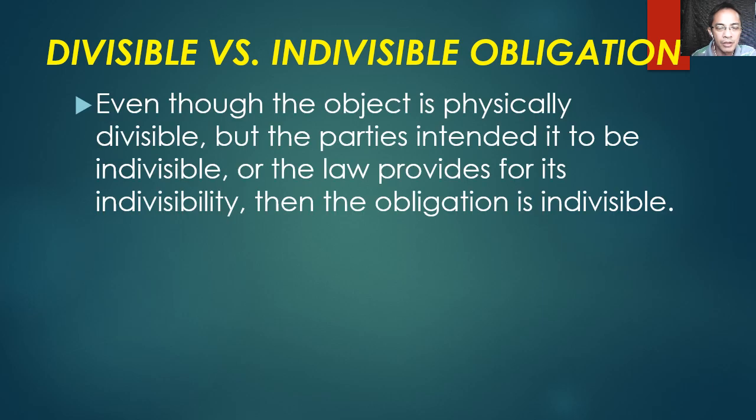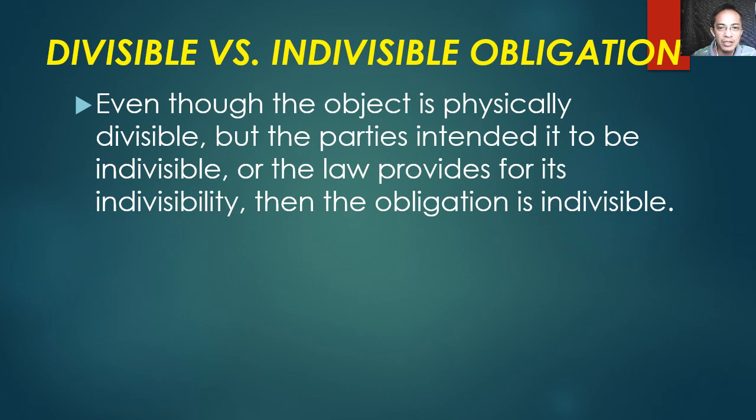But even if the object is physically divisible, but the parties intended it to be indivisible, or the law provides for its indivisibility, then the object is called indivisible because the parties or the law involved considers the object to be indivisible even if physically it is divisible.